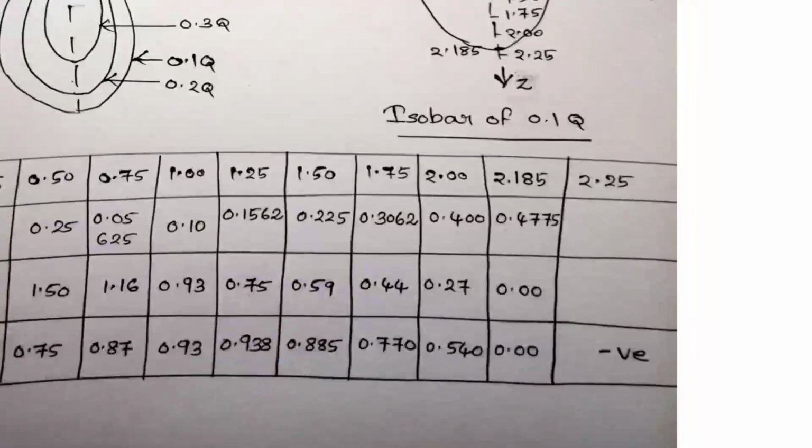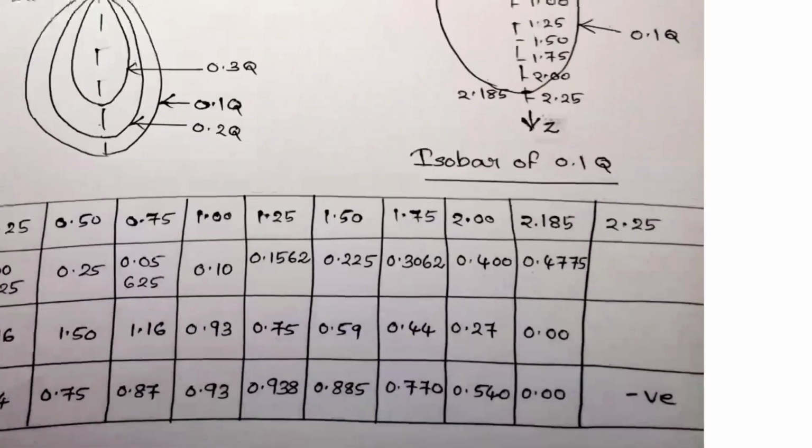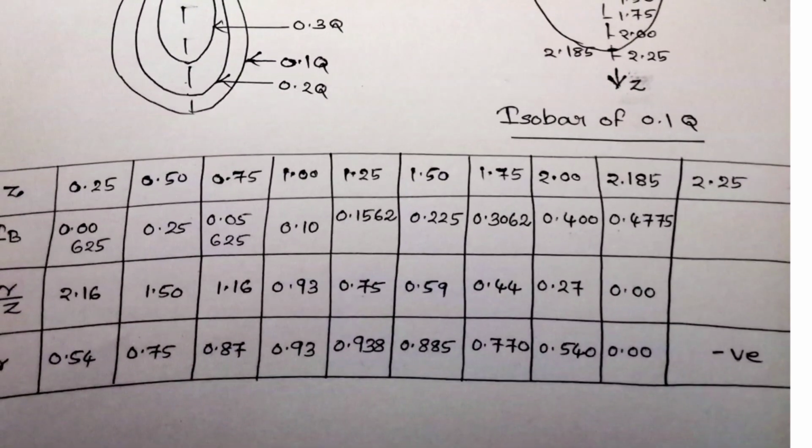So here we can see one value, 2.185. All other values we took at 0.25 interval, and the last value is 2.185. What is the specialty of 2.185? At 2.185, the r value is 0. So how did we get this depth z equal to 2.185?